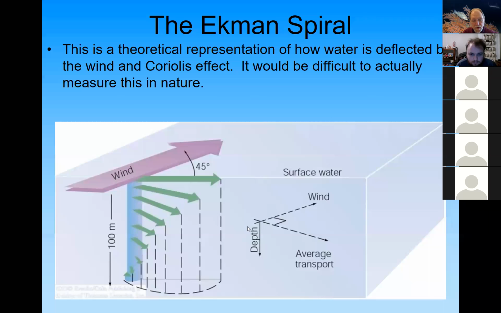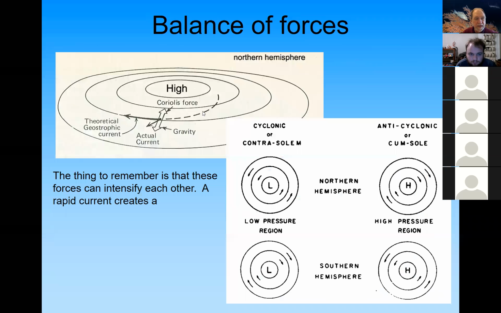All right, so just to reiterate a little bit, if we have a high, we're going to have an acceleration downward across the gradients. Gravity is inducing this deflection here, and then the Coriolis effect is going to be inducing a flow in this direction.